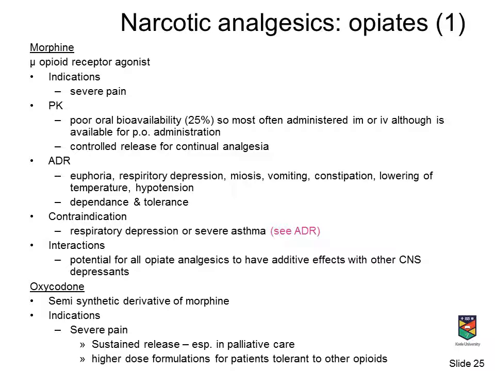An alternative to morphine is oxycodone, which is a semi-synthetic derivative, and it's available in high-dose formulations for patients who have become tolerant to opiates, and it's particularly of use in palliative care.